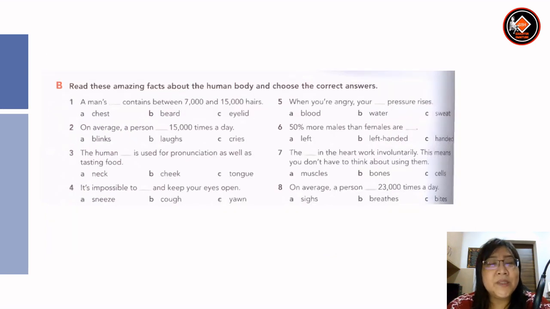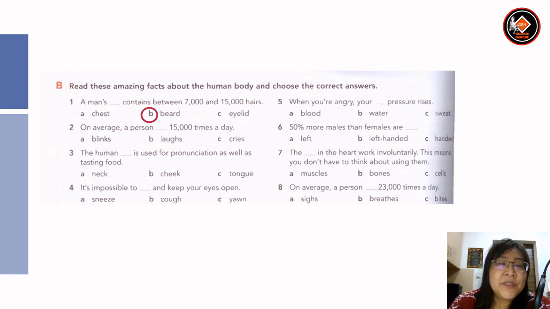For exercise 2B, read these amazing facts about the human body and choose the correct answers. 1. A man's chest, beard or eyelid contains between 7,000 and 15,000 hairs. So the answer is beard.